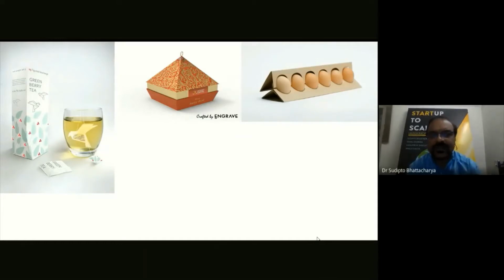On the extreme left, which I showed in the last class also, are dip-type tea leaf pouches, which you can dip in hot water to get your green tea made. But it is like a flip bird, so whenever you dip it, it seems that the bird is flying inside the liquid. So all these are packages we understand.